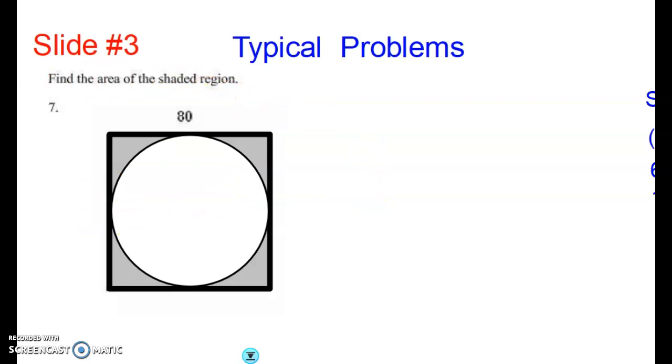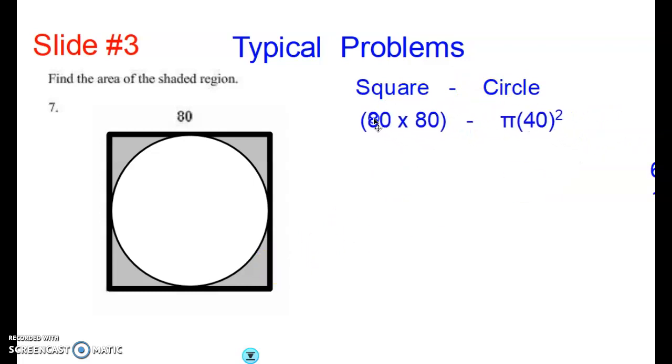I'll do problem 1 with you on slide 3. And we have to find the shaded area. Well, this happens to be a big square minus a circle. A square is 80 by 80, side times side, and then here's my circle formula, pi r squared.